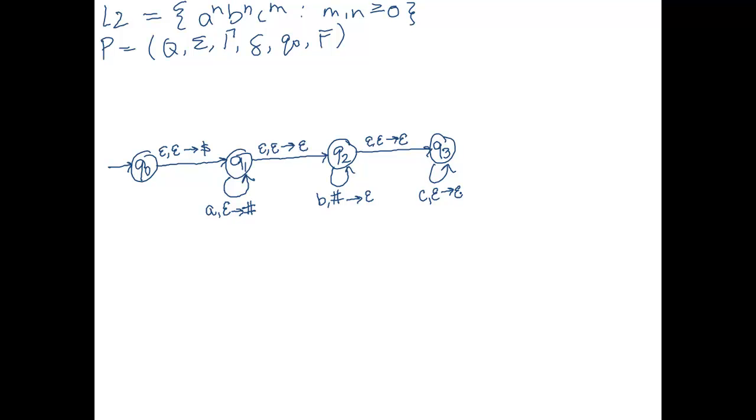Or I should say, I'm only going to have the symbol $, which is indicating the bottom of the stack. Okay, if I had read 11 A's and therefore pushed 11 pound symbols to the stack, and then I'd only read 10 B's, I would still have a pound symbol on the top of the stack. So I wouldn't be able to take this transition over to the final state.